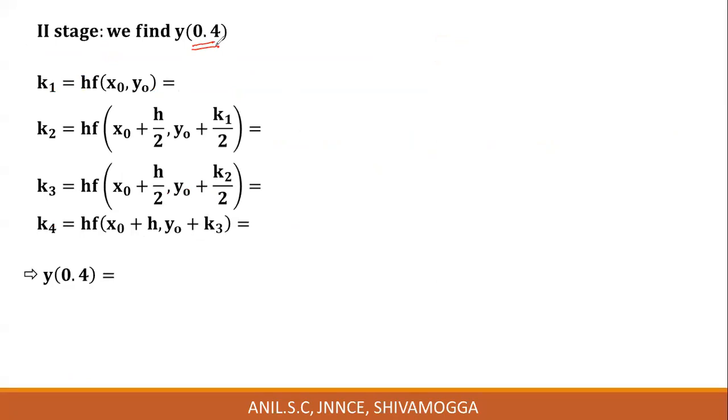Calculate K1, K2, K3 and K4. Here x naught is equal to 0.2 and y naught is equal to 1.1960. F of x comma y remains unchanged. H remains unchanged.